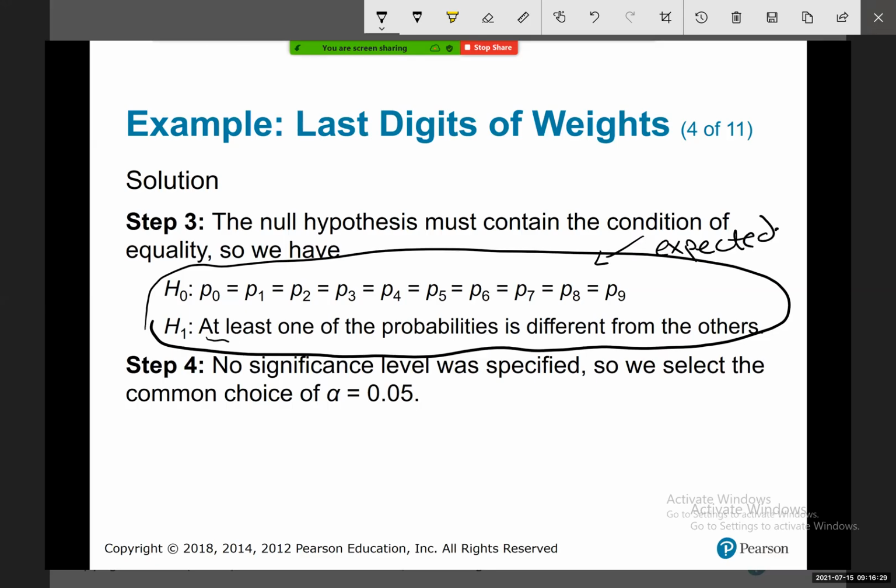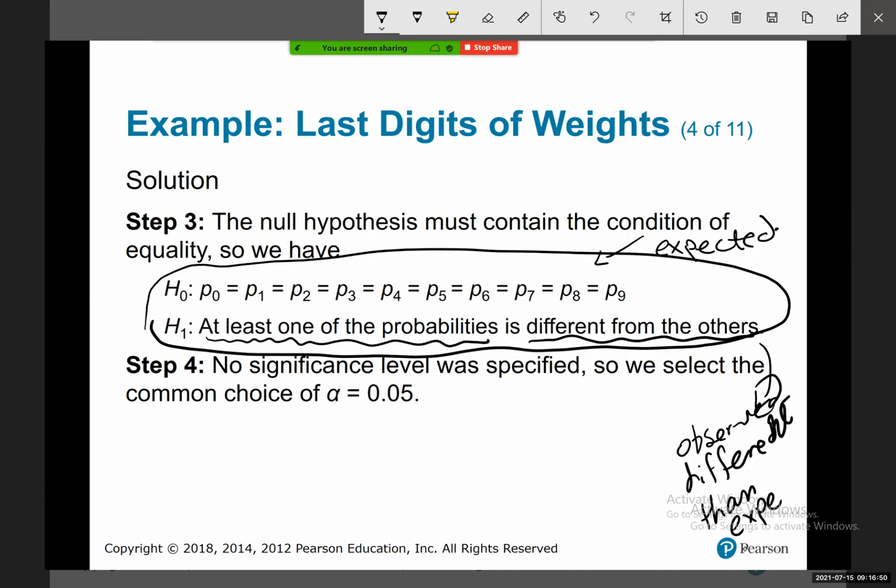And then with the alternative, you would say at least one probability is different from others, meaning being different than what's expected. So observed different than expected, and then observed same as expected. Okay, so I want you to write this null hypothesis, alternative hypothesis down.